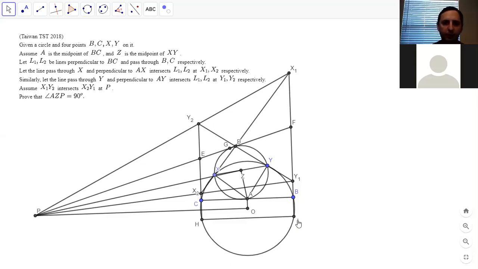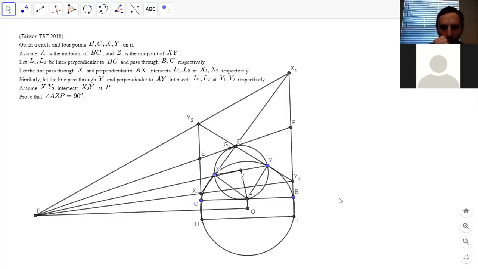So another way we could try to phrase it is X1, Y2, Y1, X2, and this line are concurrent. Maybe that will help somehow. We could use Pappus or something. Or we could just try to use ratios somehow.